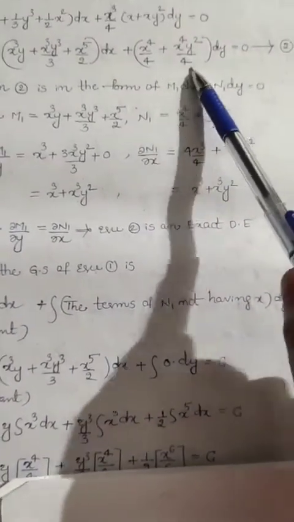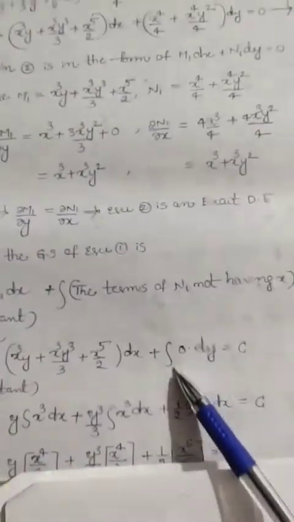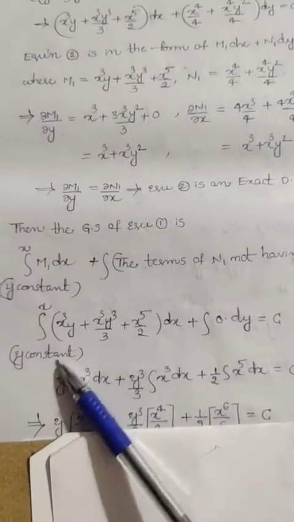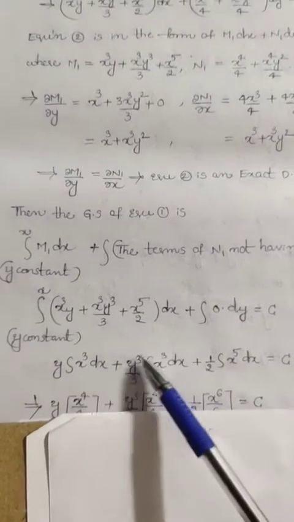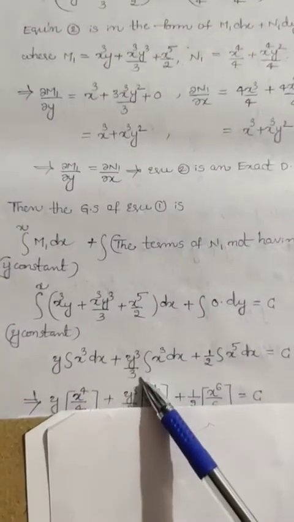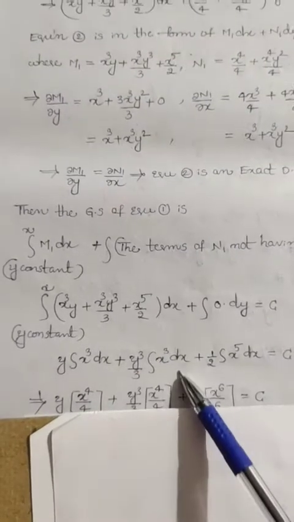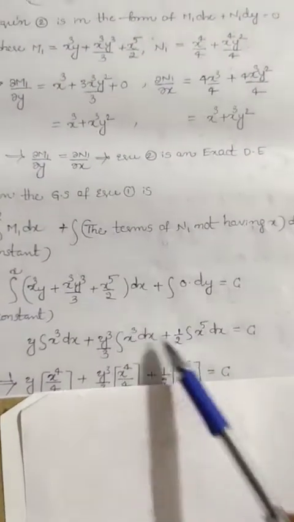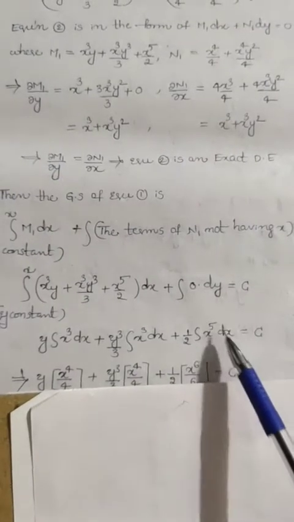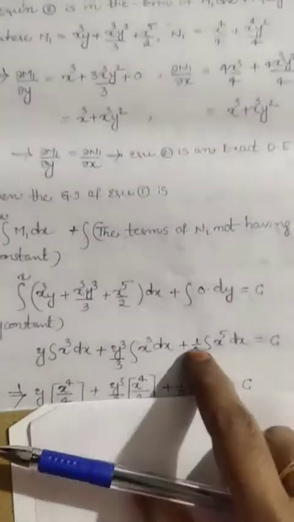N1 has no terms without x, so the integral of 0 dy equals c. Taking y as constant, y times the integral of x cube dx plus y cube by 3 times the integral of x cube dx plus 1 by 2 times the integral of x power 5 dx equals c.